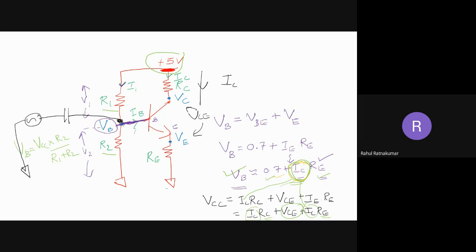Now this slight sensor voltage is going to change the IB slightly, or VB slightly. What happens? This slight change here gives a high change in the VC part, beta times the change here.